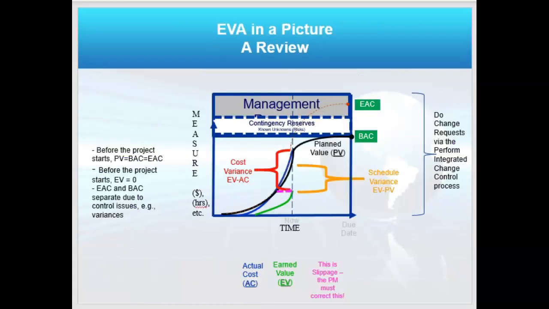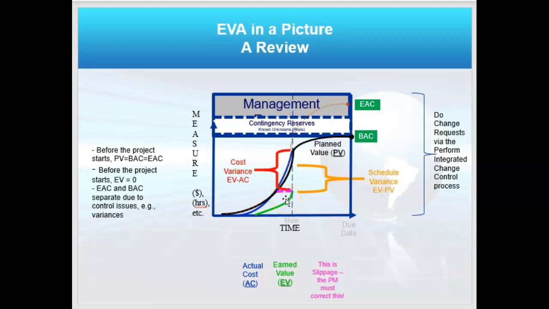Okay, here's kind of a picture of what we're talking about. And you can see that the black line leading up to your budget at completion, that's your overall budget. That's the line you want to be at for EV, PV, and AC. But if you end up a little behind, like here the green line is earned value, I didn't get as much work done.